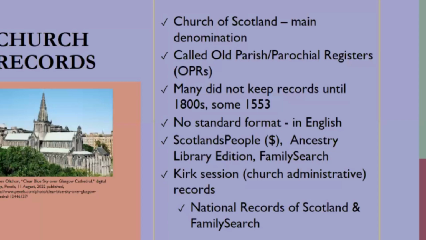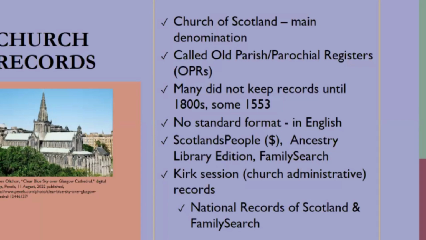But basic information is still pretty much there. Again, you can look at Ancestry and FamilySearch for a lot of this information, and Scotland's People as well. Usually when we're talking about records in FamilySearch and Ancestry, you might get primarily an index, because Scotland's People would have the images.